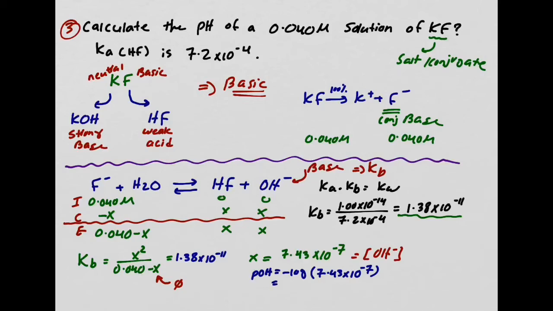Again, the x represented the hydroxide concentration, and that's very helpful because I need hydroxide concentration or hydronium concentration to be able to figure out pH or pOH. You always need one of those things to figure out the pH or the pOH. So if I do this, what I end up getting for pOH is 6.13.